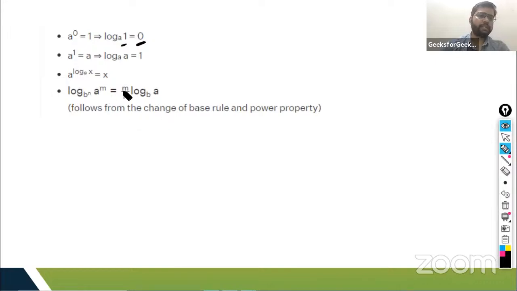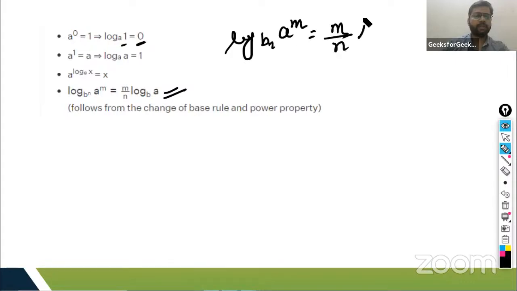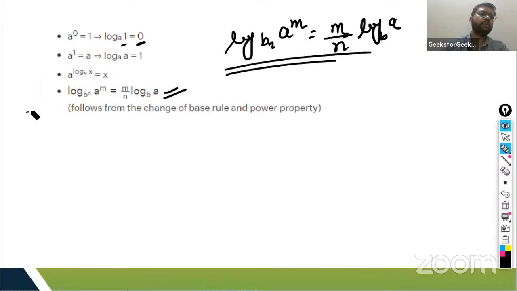And there is one more property: log base b to the power n of a to the power m is equal to m by n. On this property we got a question in the GATE examination, so this property is really important. Change of base, change of power, and power property are all inclusive, so one question was asked on this property too.